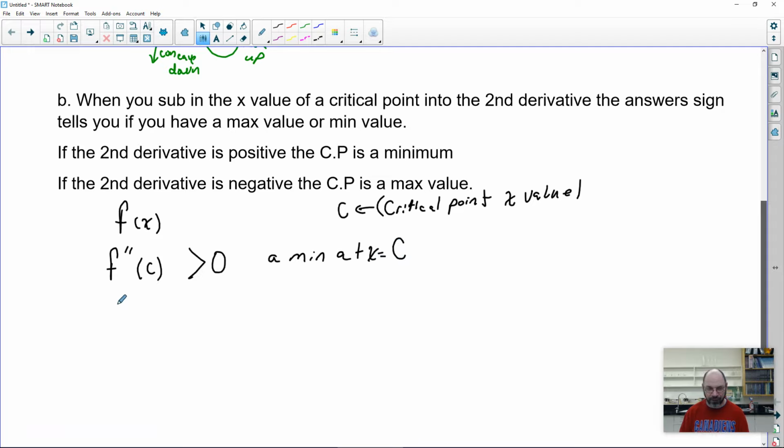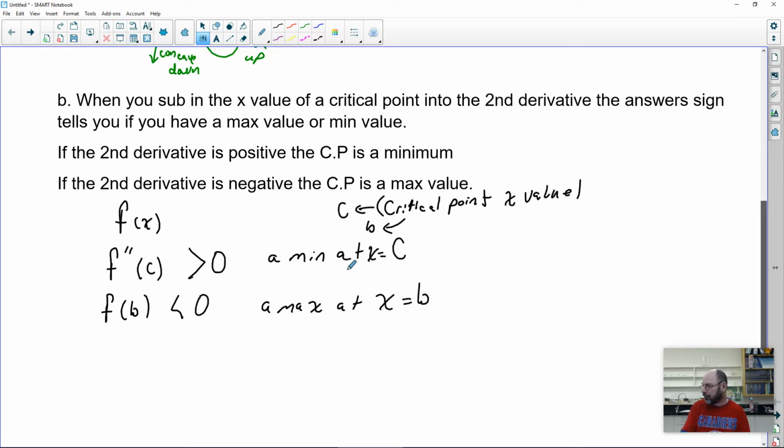If we plug it in and it's less than 0, we have a max. And b is a critical point value as well. So that's basically what the second derivative will tell us.